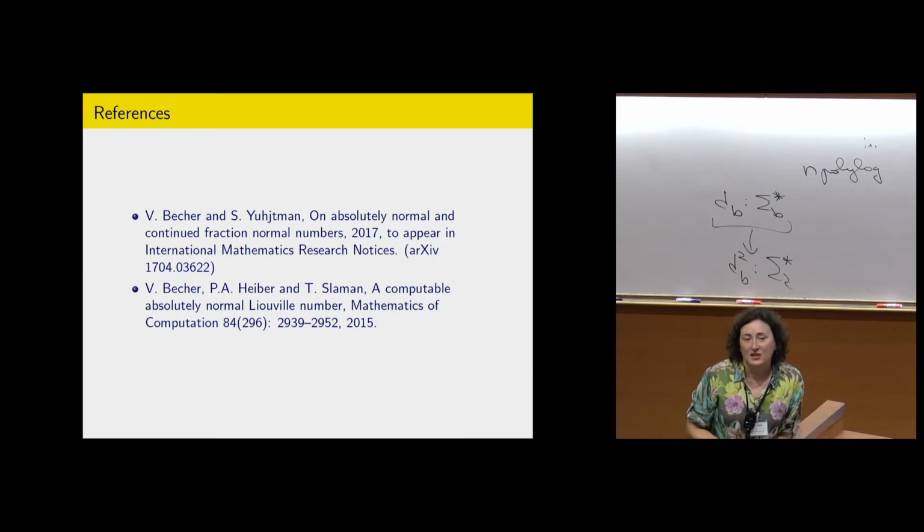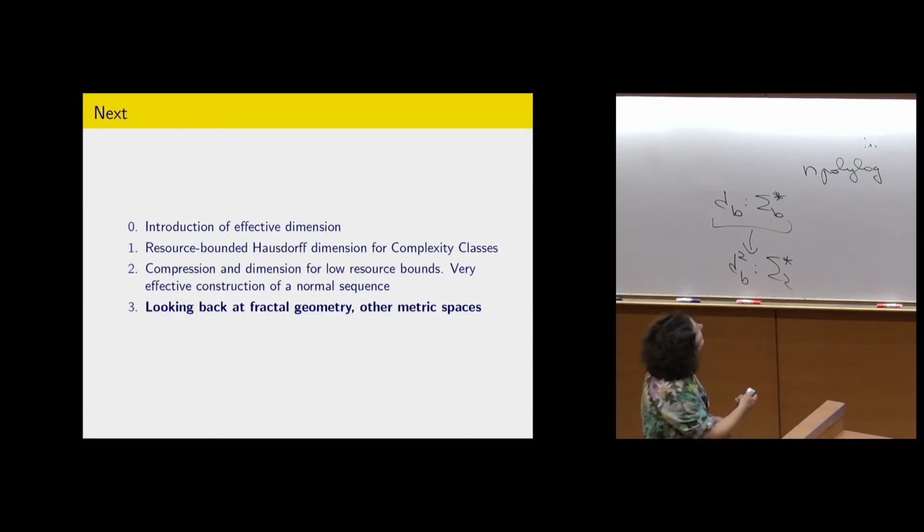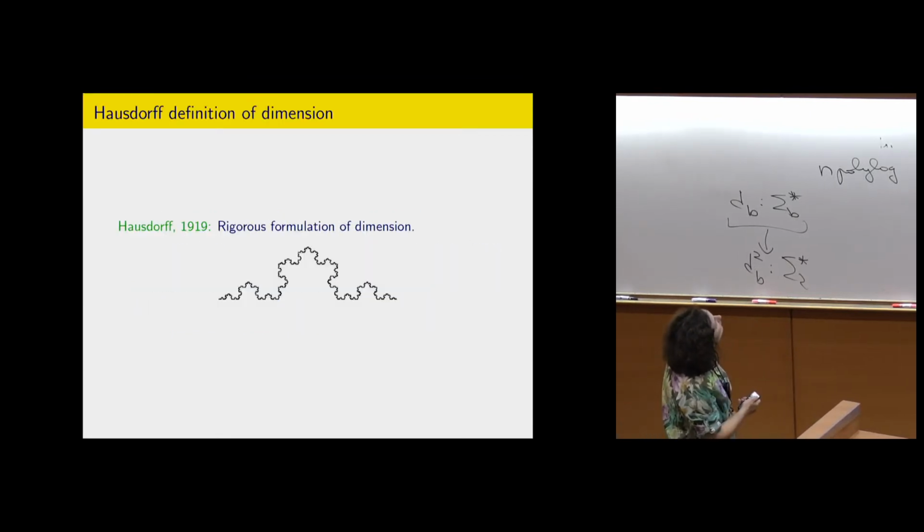Okay. So this was all I planned to say about normality, and since I still have some time, I'd like to talk a bit more about what I was telling you, results in fractal geometry that can be proven using effective dimension. But if you want more questions or a different approach, I can also do that. Let me try to go quickly through just the beginning.